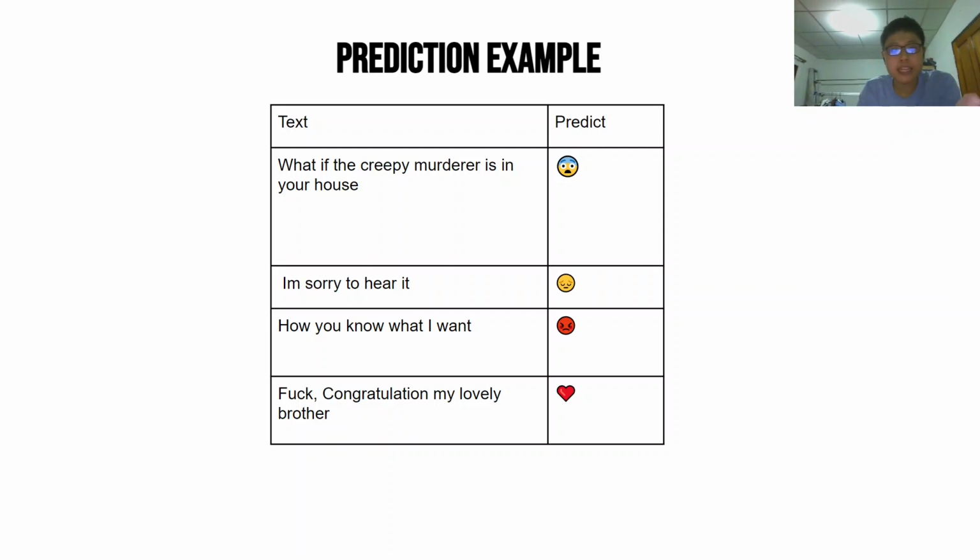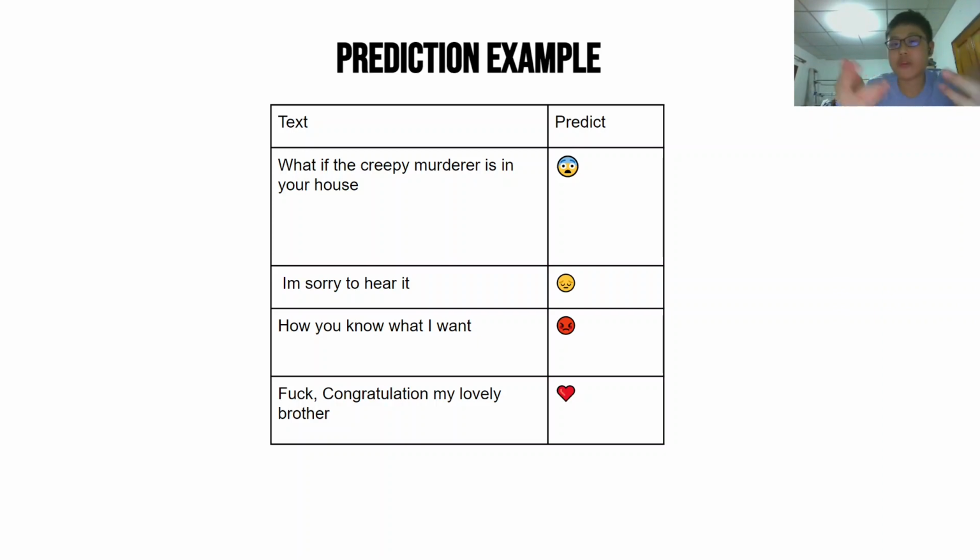Here is an example of how our model predicts. Let me read the first observation: what if the creepy murderer is in your house? And it predicts the fear emoji. Wow, that is true, and I believe most people would use the fear emoji, because the words creepy and murderer get the most attention.